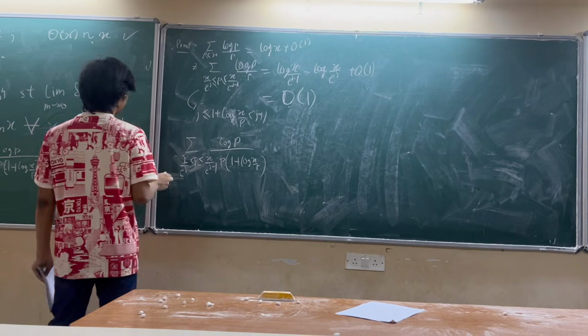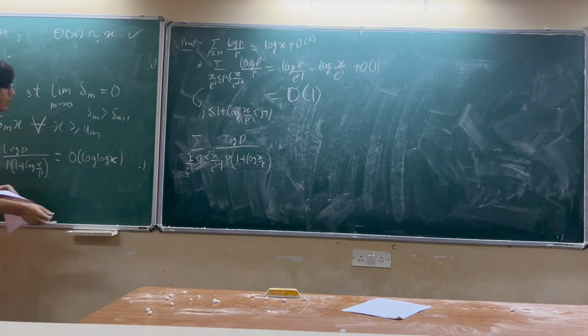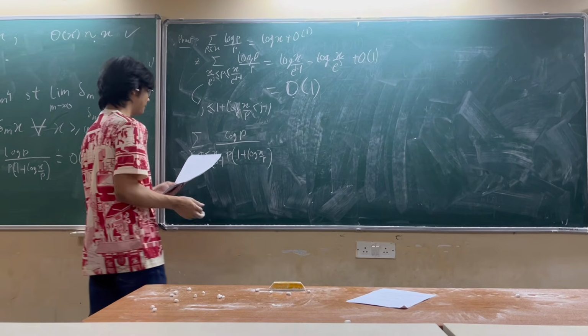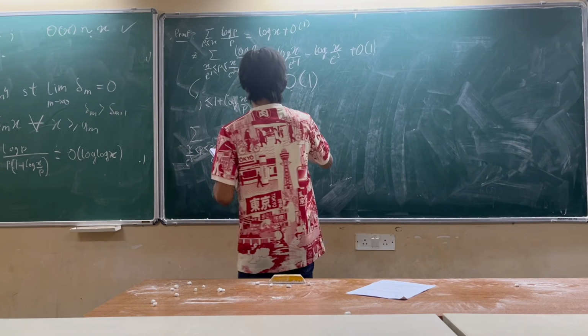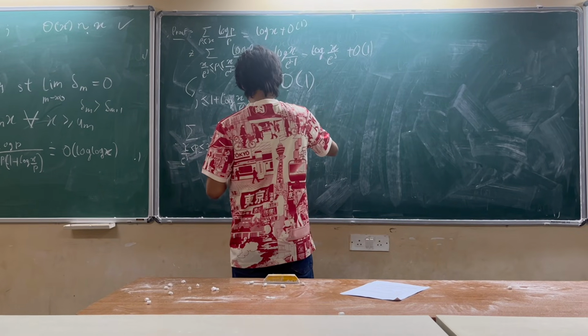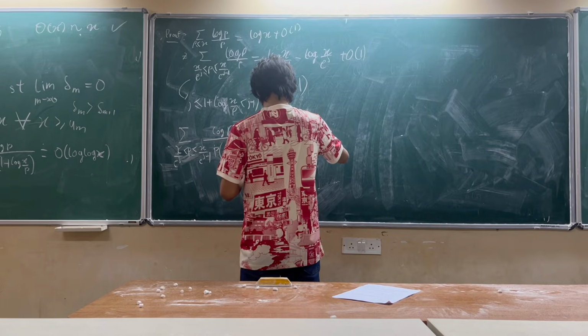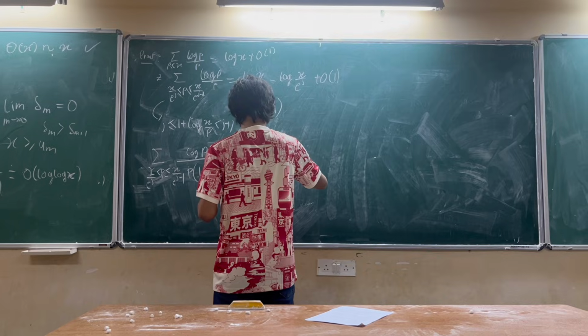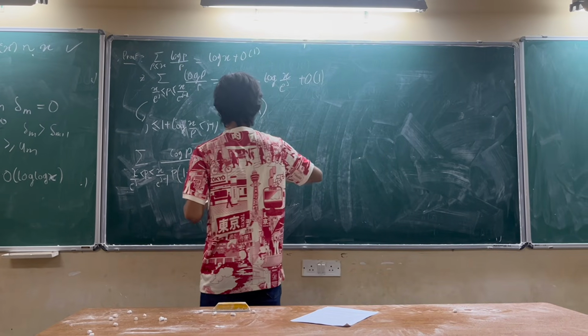And now if I analyze this summation in parts, like I have divided the interval of 1 to x into these smaller intervals, and I'm looking at primes in these smaller intervals, then this is simply less than or equal to 1 by j times x by p to the power j. Again the same bound, so I'm not mentioning the bound here.